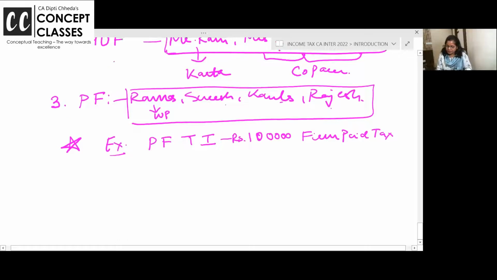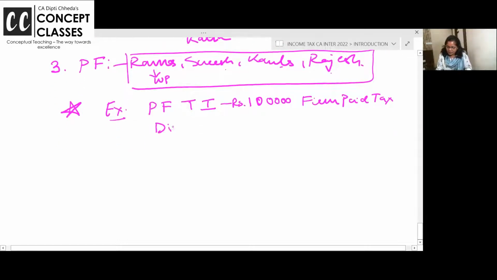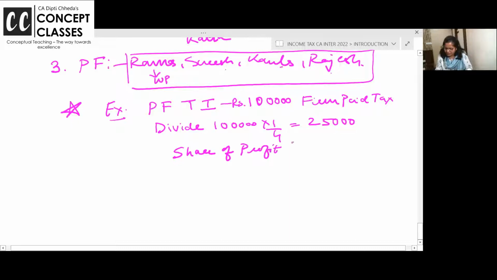Now, 1 lakh divided by 1/4. I hope you are getting it: Ramesh, Suresh, Kamlesh and Rajesh, 4 partners, 1/4, 25,000 each. What is 25,000? Share of profit for each partner.